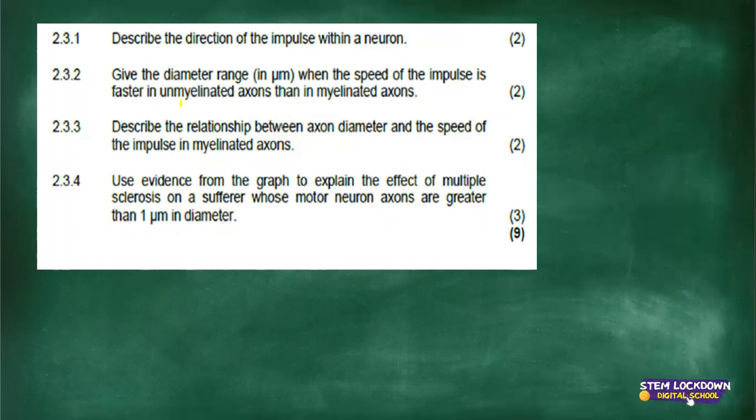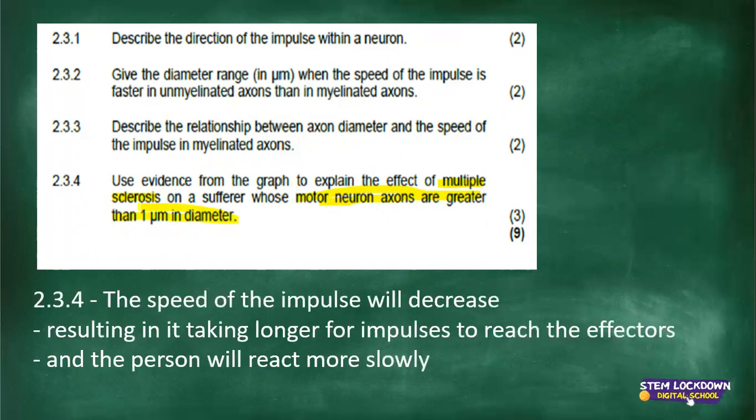So we're studying the effect of multiple sclerosis on a sufferer whose motor neuron axons are greater than 1 micrometer in diameter. The speed of the impulse will decrease, resulting in it taking longer for impulses to reach the effectors, and then the person will react more slowly.